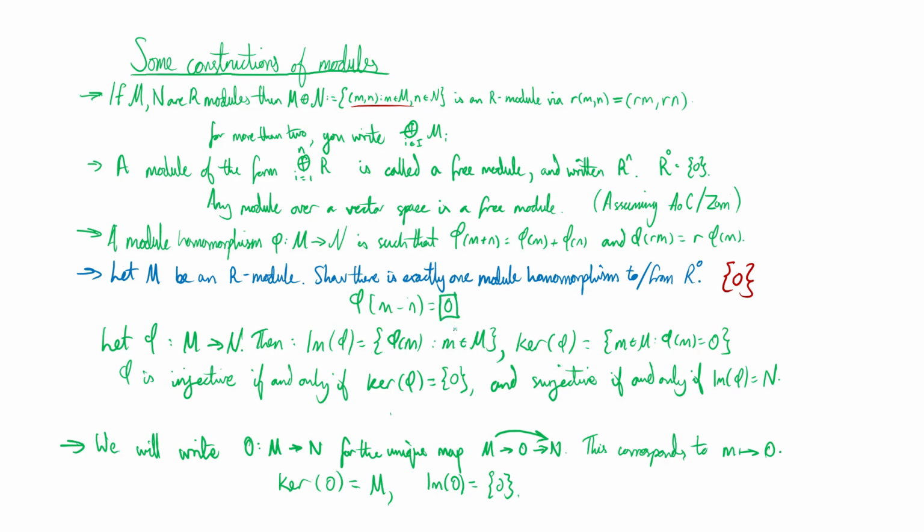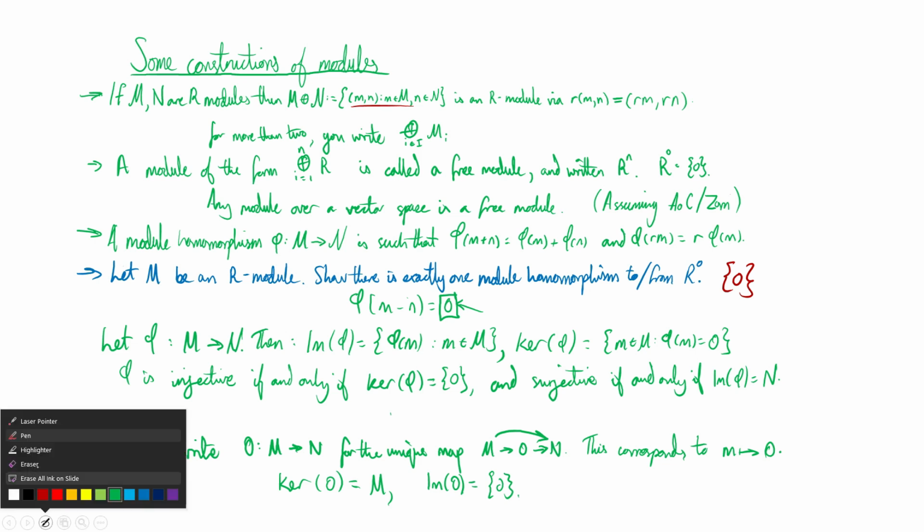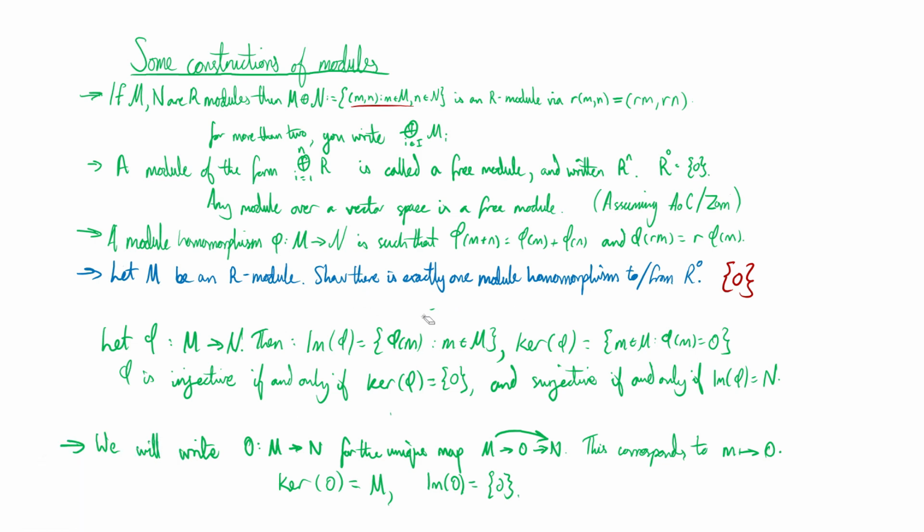So this kernel condition forces this to be 0. And there's an argument the other way around, where everything in N gets mapped onto. So the image is a subset of N, the kernel is a subset of M.